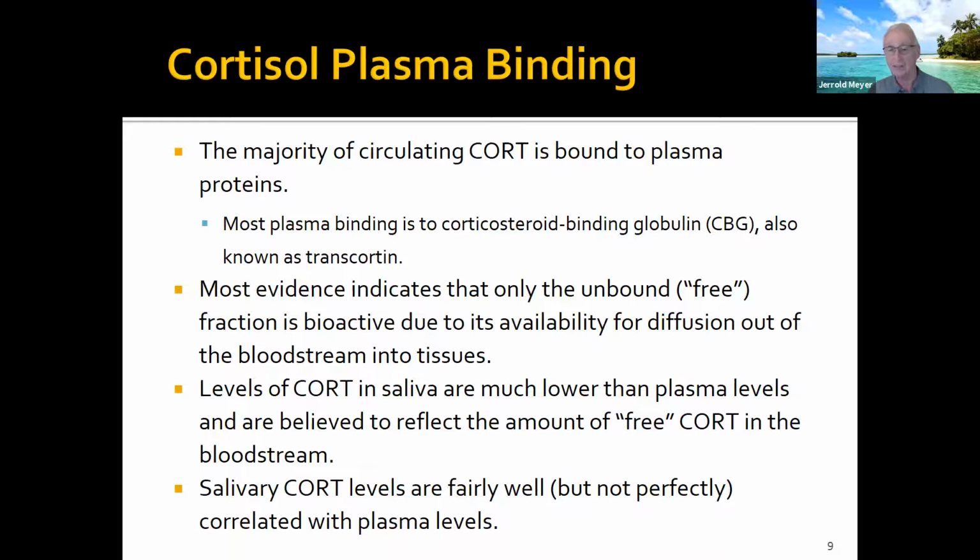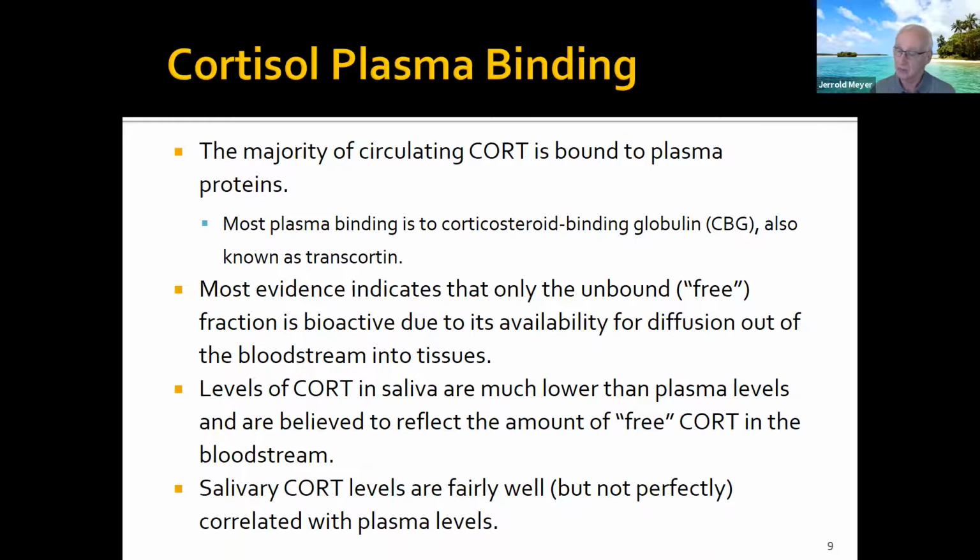Most of the evidence indicates that only the free cortisol, that is the cortisol not bound to CBG, is available to get out of the bloodstream into tissues, and therefore has bioactivity.